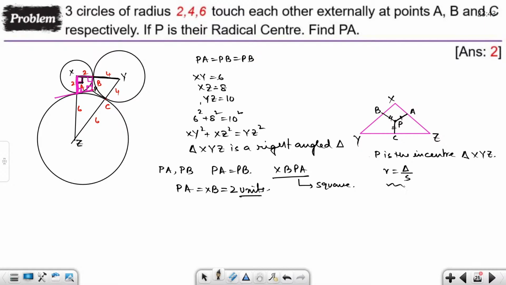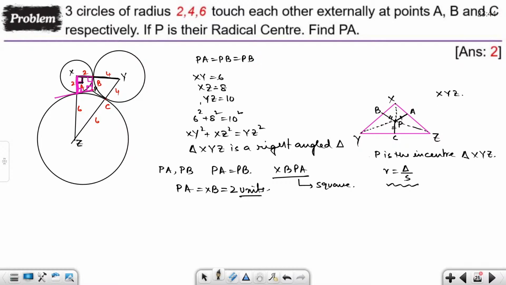But if you don't know this formula, then all you will do is simply apply class 10 mensuration. I will simply join these 3 points with the 3 vertices. Now, you know the area of the triangle XYZ. How? Because you know the 3 sides. So, by using Heron's formula, you can find out the area of XYZ.